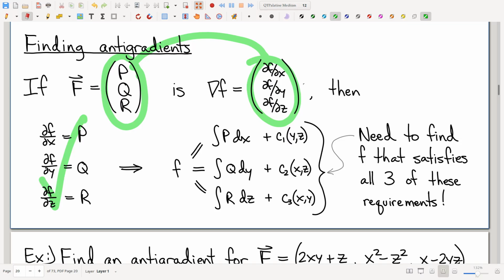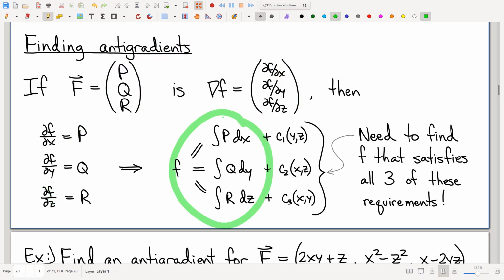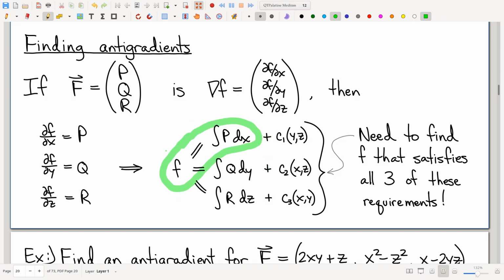Now, these three equations are all statements about partial derivatives. And, of course, you can take any statement about derivatives and turn that into a statement about antiderivatives, right? Just kind of passive tense to active tense. It's kind of the same statement, just said in a slightly different way. So these are basically those same statements. But when you write down a statement about an antiderivative, don't forget to add in your plus c.